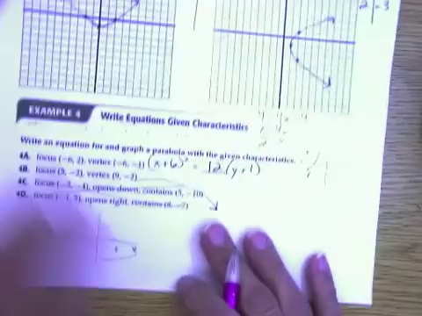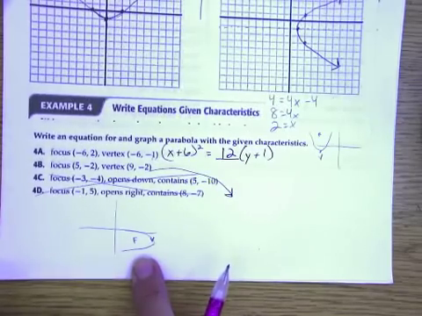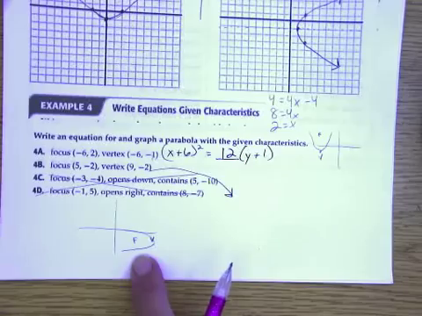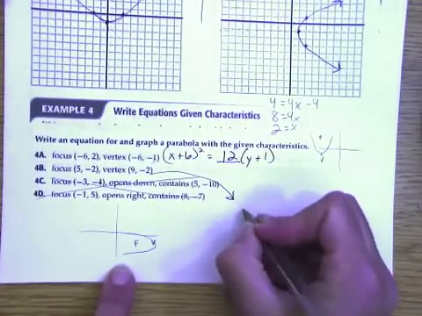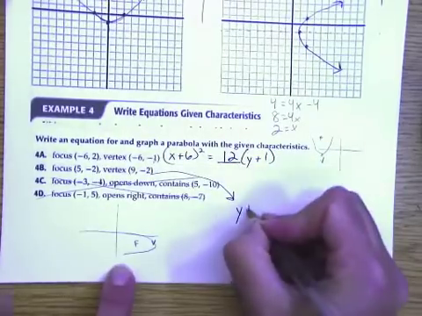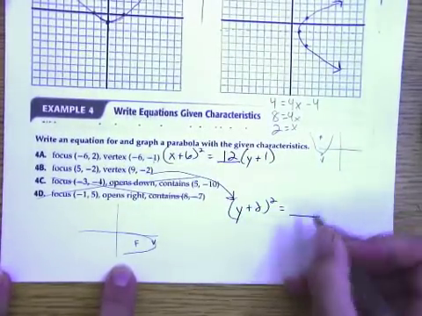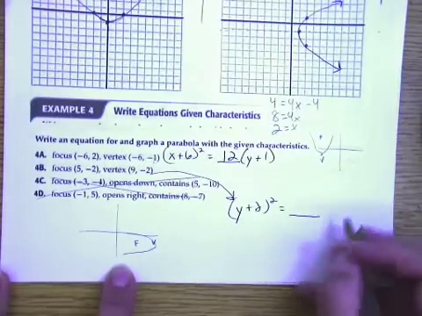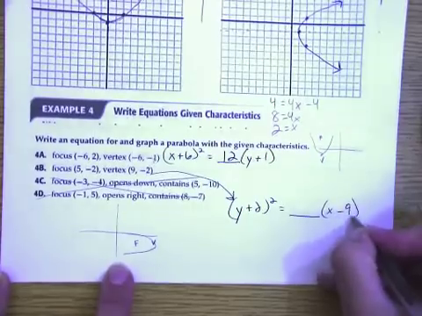So it's horizontally opening, which makes it a y squared graph. And also we know that the value of p is going to be negative. Okay, so that means y plus 2 squared equals, and we'll figure out this 4p value momentarily, x minus 9.